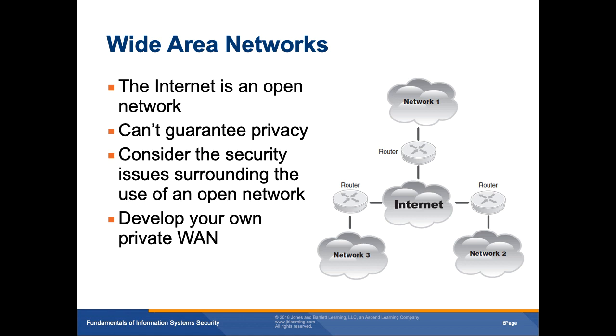You could develop your own private WAN using dedicated lines versus traversing over the internet. But a lot of times now, a lot of organizations will use site-to-site VPNs, or virtual private networks, to create their WANs.